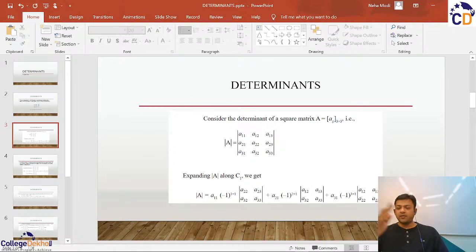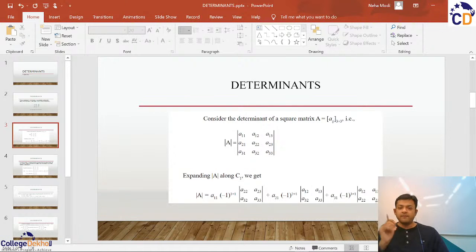Similarly, the element right to it is represented by a12. The last element in the first row is represented by a13. Similarly, the elements in the second row are represented by a21, a22 and a23. The third row is represented by a31, a32 and a33. This is how the determinant is framed.